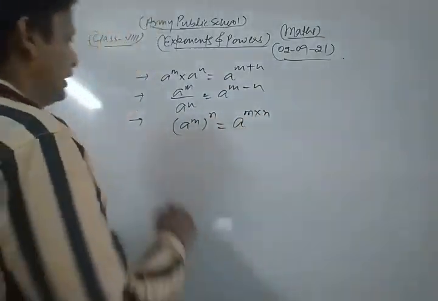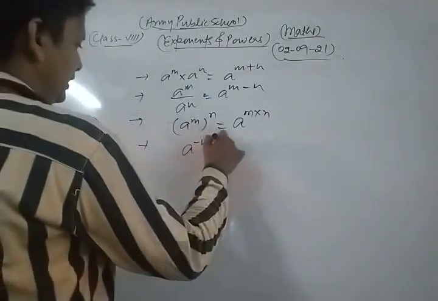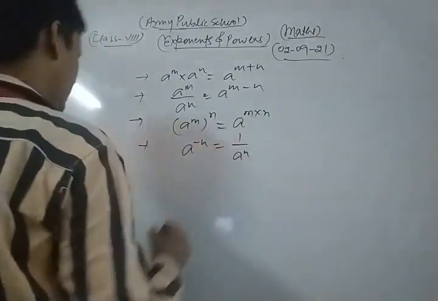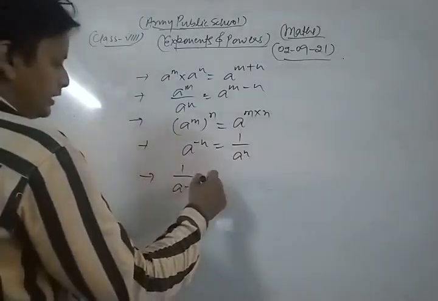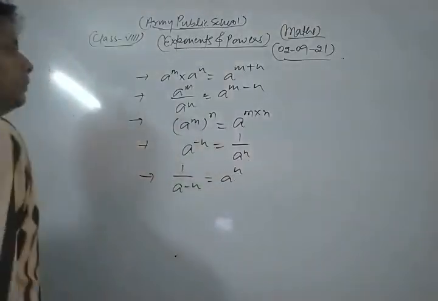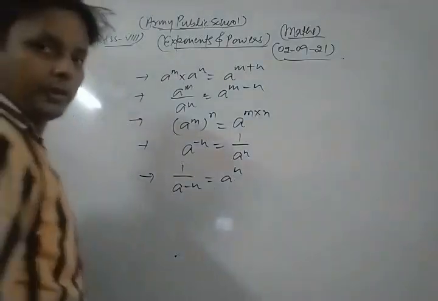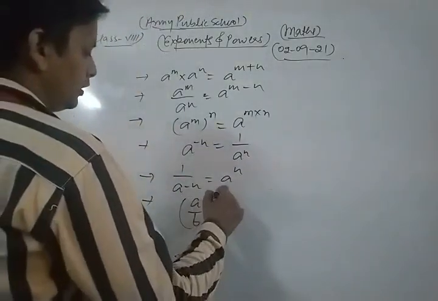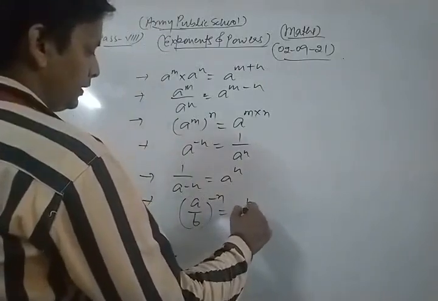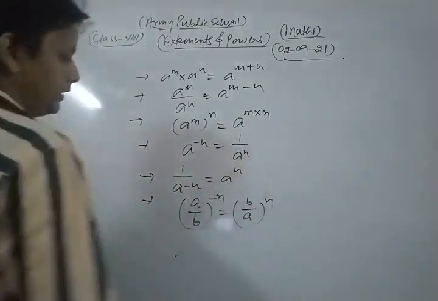Also, we know that a to the power minus n is written as 1 upon a to the power n, and if we have 1 upon a to the power minus n, then we can write a to the power plus n. Also, if we have (a upon b) to the whole power minus n, then we can write (b upon a) to the whole power plus n.